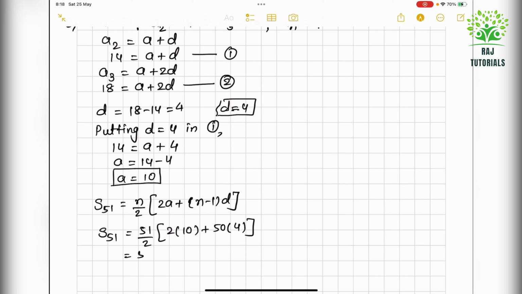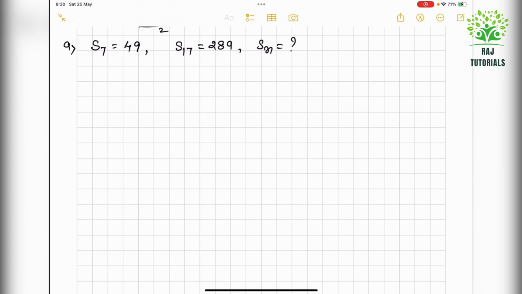So this will be 51 upon 2 into (20 plus 200). So 51 into 220 upon 2. So that will be 51 into 110. So 5610.